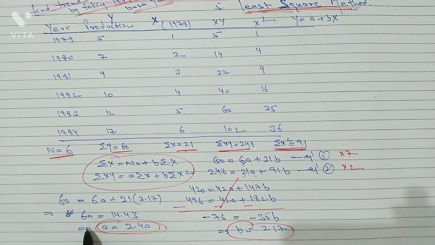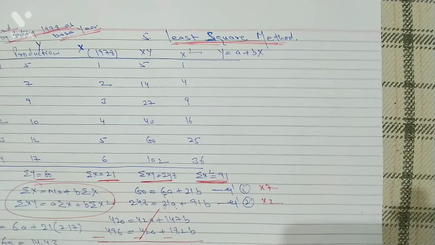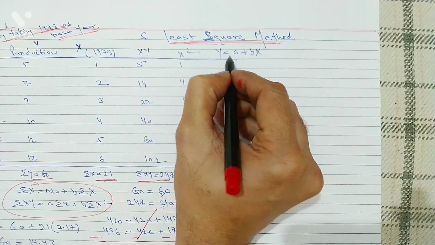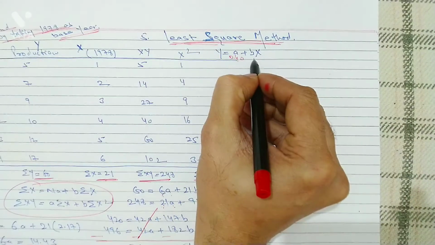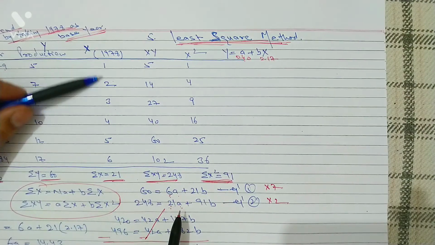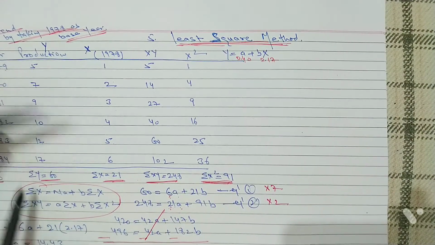Now we get a equals 2.40 and b equals 2.17. Put these values in this equation, where x is this one and x is this one.